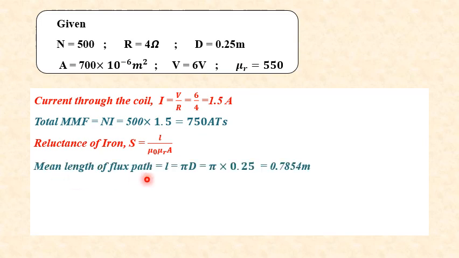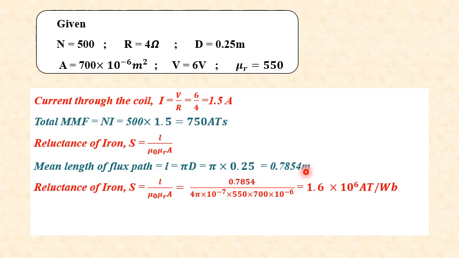The mean length of the flux path L is actually the perimeter of the ring. So L is equal to pi into D, that is pi into 0.25, which is equal to 0.7854 meter.